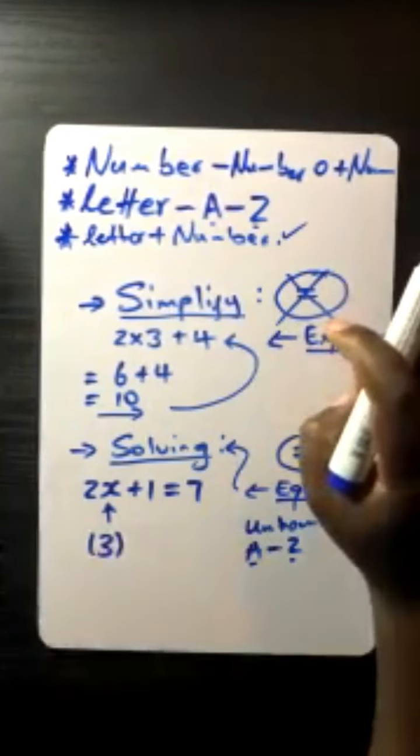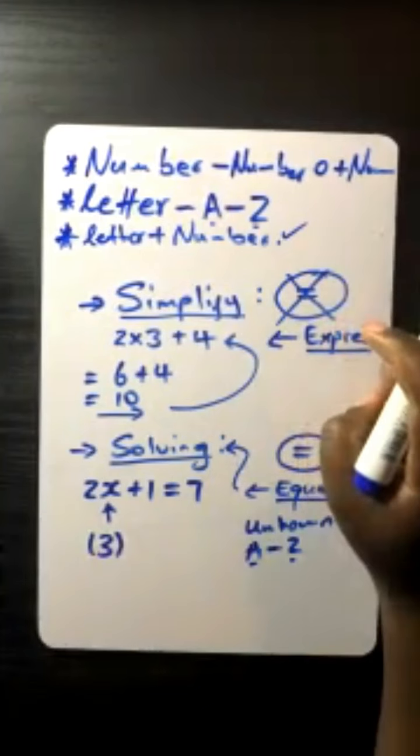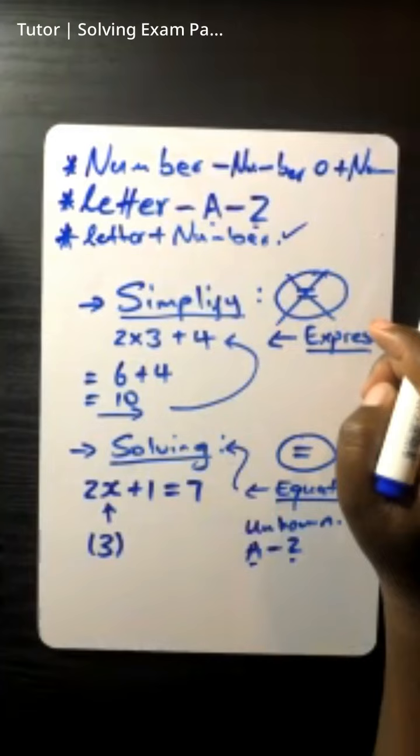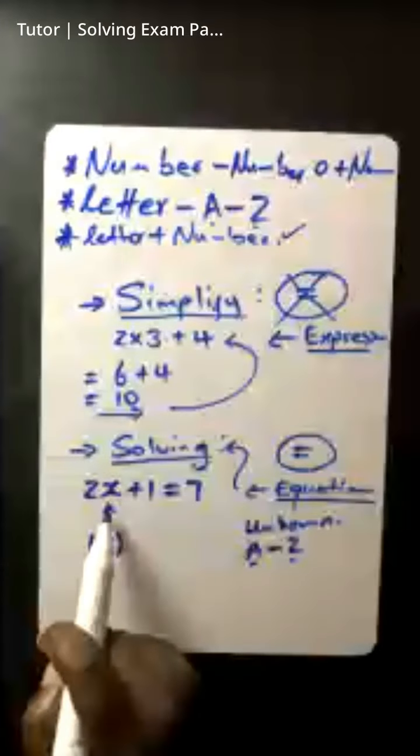How did you get that 3? With the calculator. So you did some calculation to find that 3, right? Yes, sir.